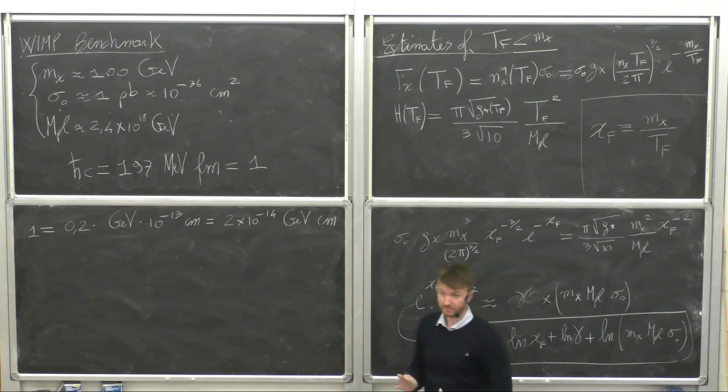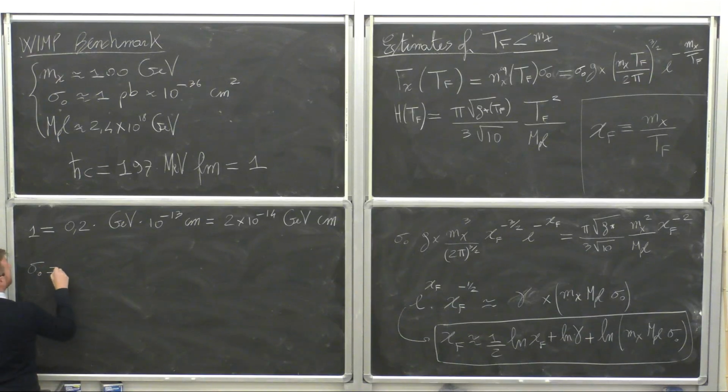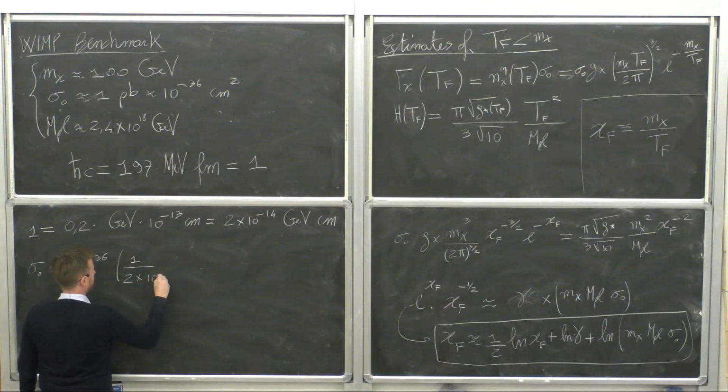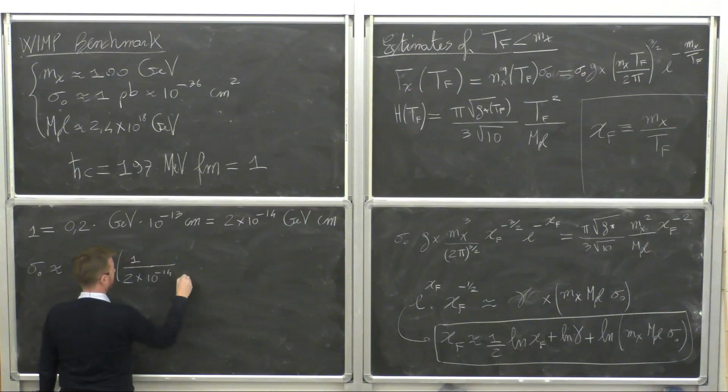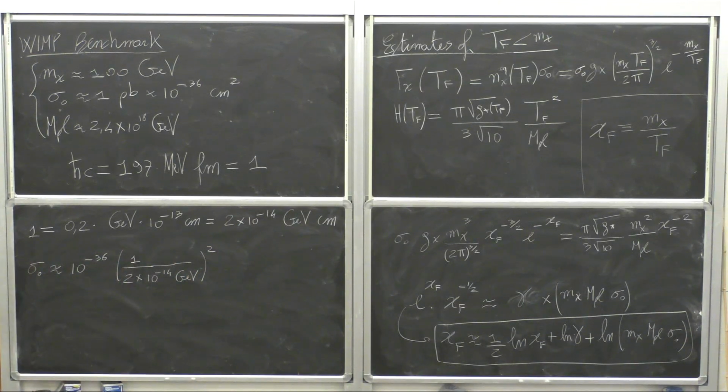So now I go back to sigma 0. Sigma 0 in my benchmark is 10 to the minus 36 centimeters squared. One centimeter is 1 over 2 times 10 to the minus 14 GeV, so instead of the centimeter, I use this equation to do the conversion.